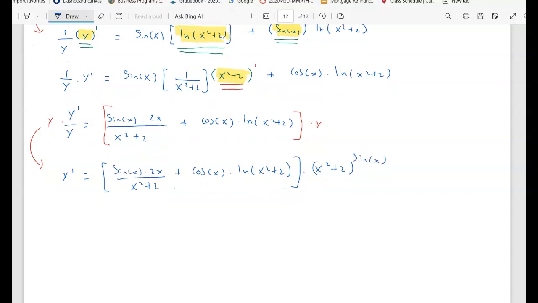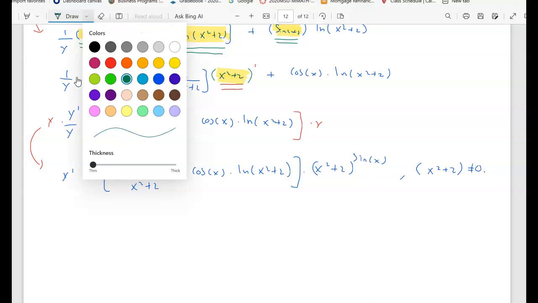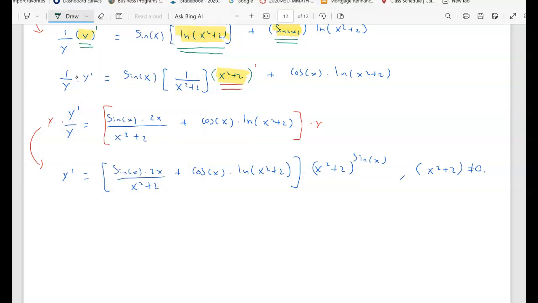In this case, the only disclaimer we need is that in the denominator, x squared plus 2 is not going to equal 0. And also, just to mention that some of the software problems may want you to put the absolute value there, so you may have a problem where they want the absolute value of x squared plus 2.